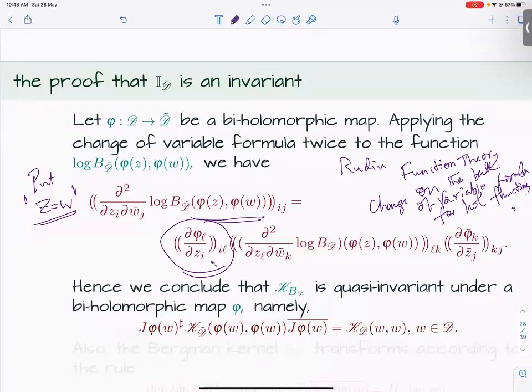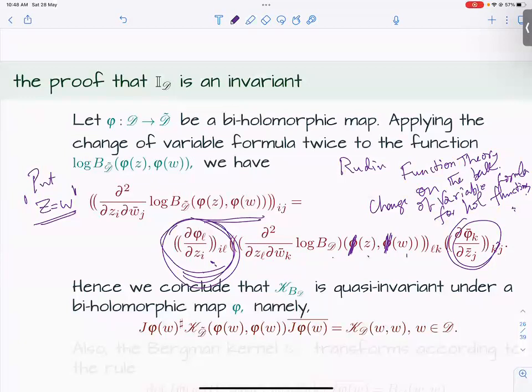If you carefully look at all these indices, this is actually the transpose of the derivative of phi. This is the conjugate of the derivative of phi. And here there is a typo. This phi should not be there. This is just log of d square dz_l dw_k bar log of the kernel of D evaluated at z comma w.